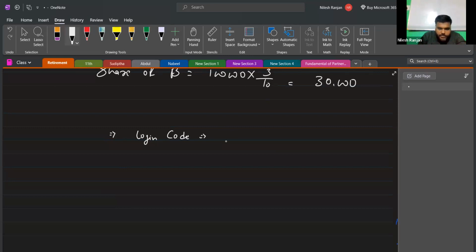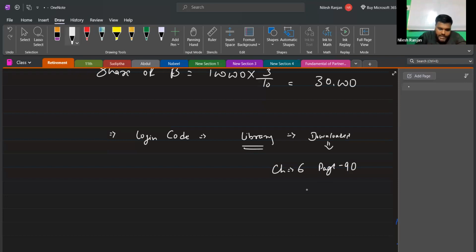Then you log in and go to the library page. In that, there is the first downloaded book. You will see chapter number 6, page number 90.